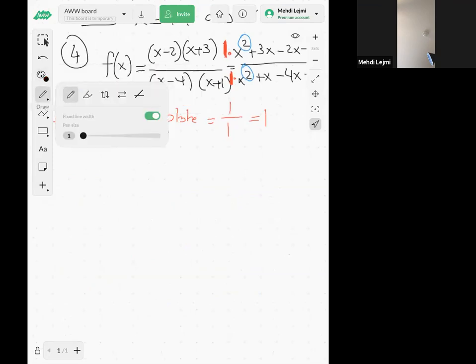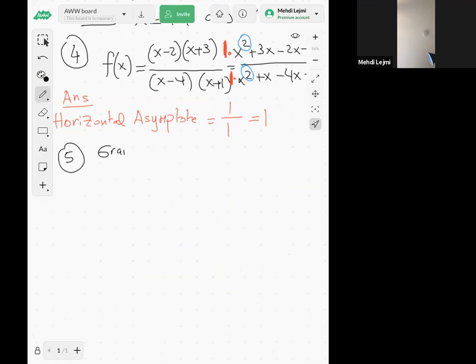So to graph this f of x, I guess the graph is the most difficult part here. We have to draw the vertical asymptote.